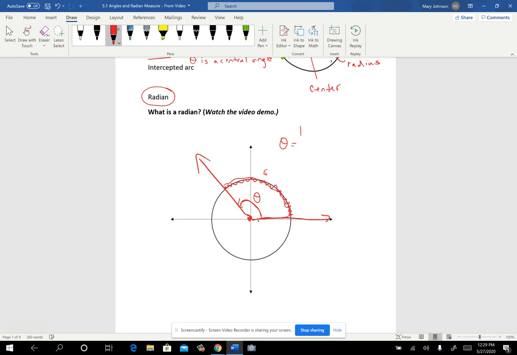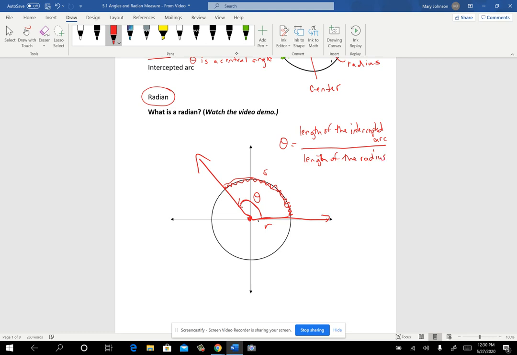So it's like the length of the intercepted arc, okay, divided by, you would compare that to the length of the radius right here, okay, length of the radius.